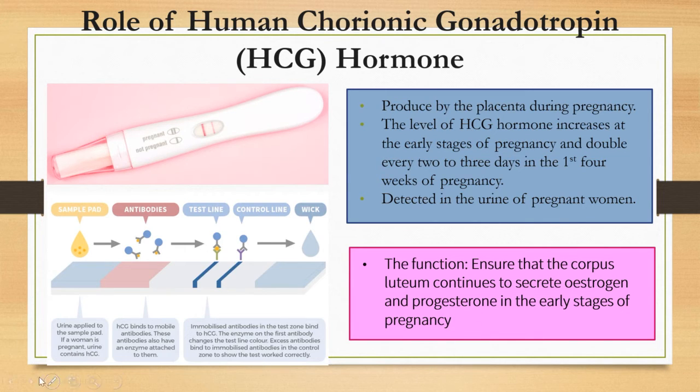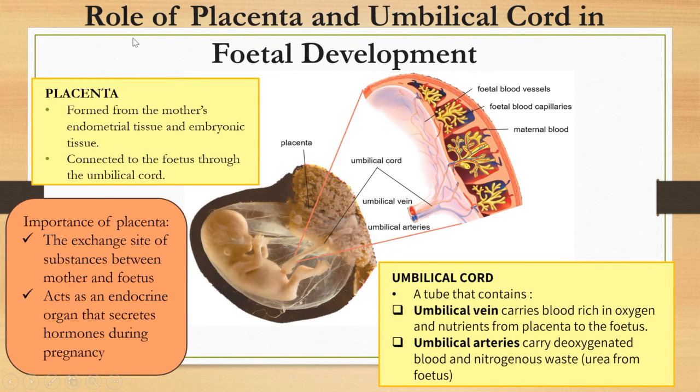Now let's take a look at the role of the placenta and umbilical cord in fetal development. Let's look at this diagram. This is the condition inside the uterus of the mother.